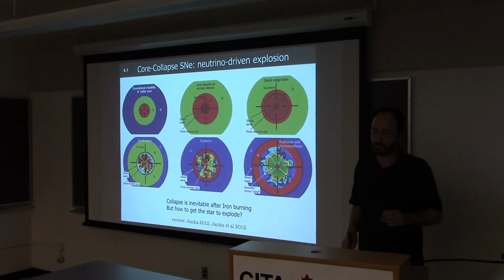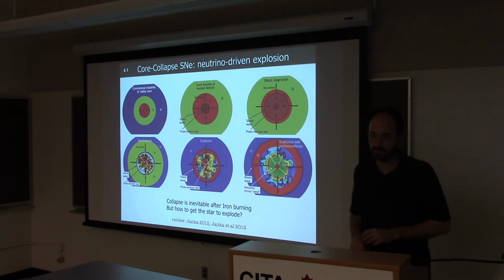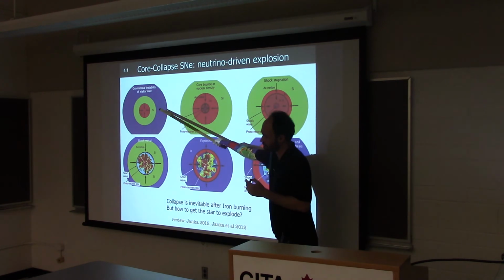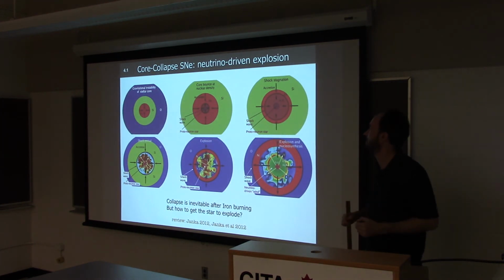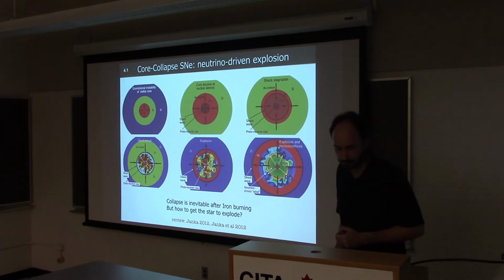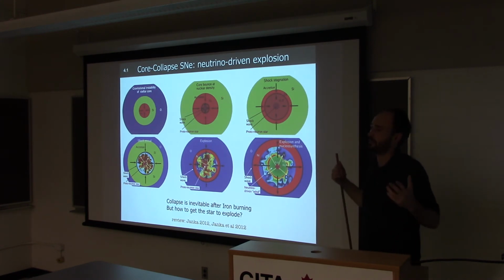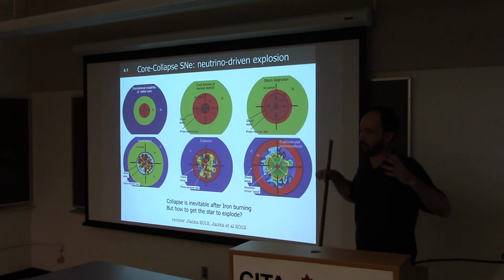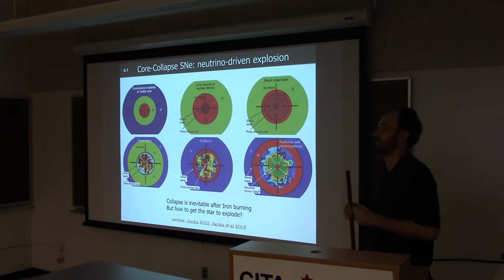There are two cases for the core collapse. It's still not clear how you actually get an explosion. The idea is that when iron is burnt and you can no longer burn the material, the star is going to collapse. The hope was that it would trigger the explosion, but usually as it collapses, you get an accretion shock that stalls rather than an explosion.